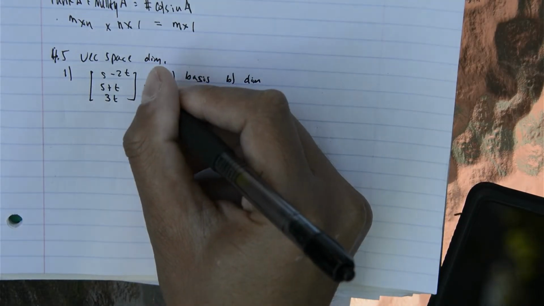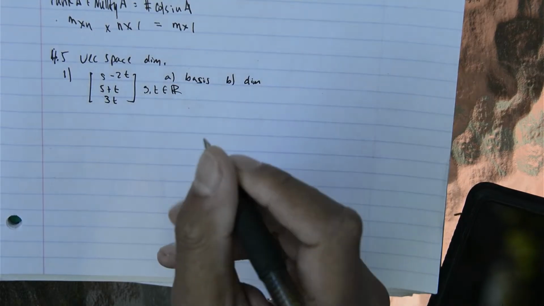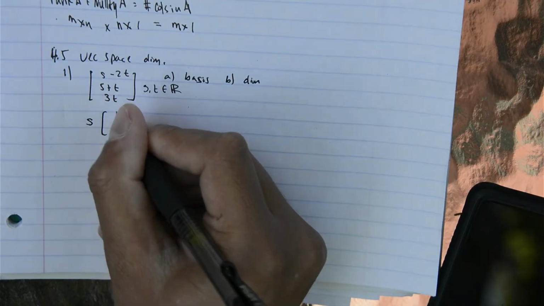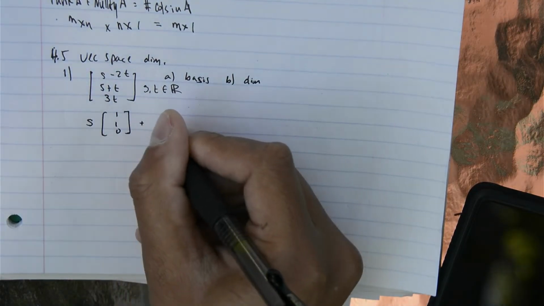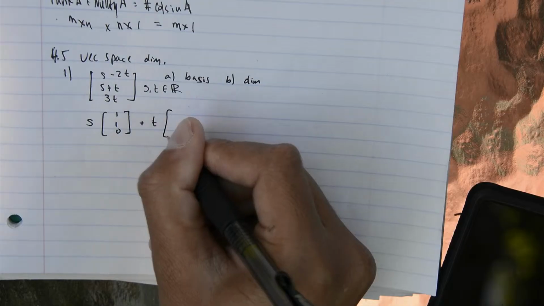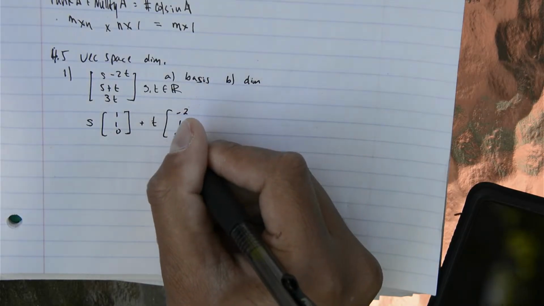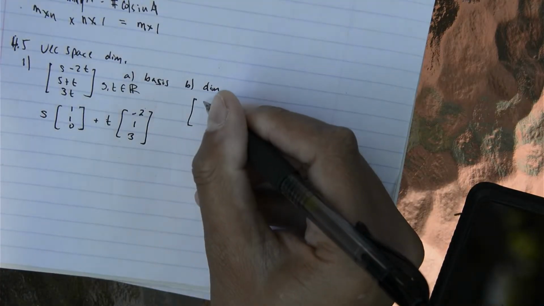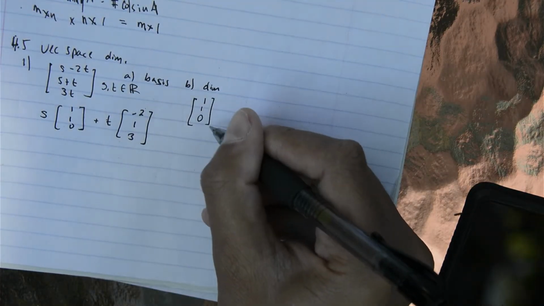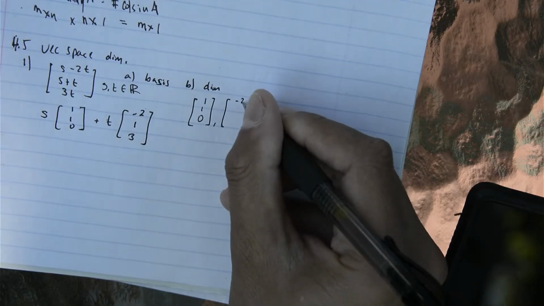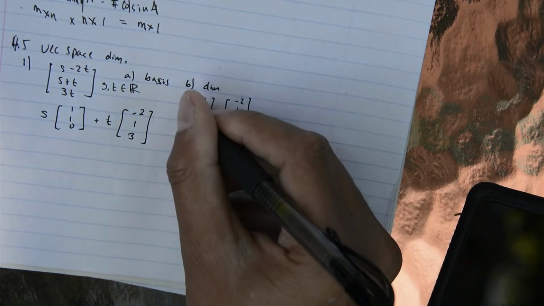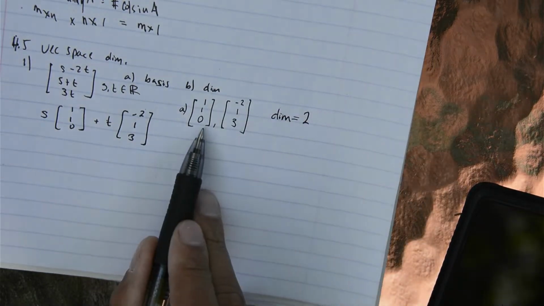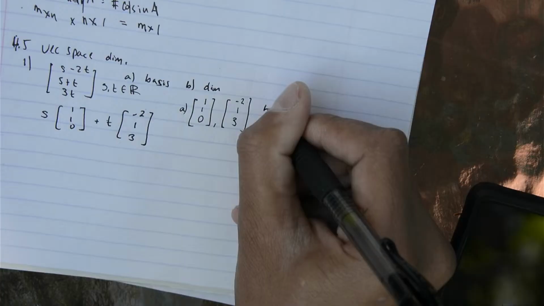So this is going to be s, t, and r. So we're going to get s times 1, 1, 0 plus t times minus 2, 1, 3. So a basis is literally going to be 1, 1, 0 and minus 2, 1, 3. So that's the basis. This is A. Then the dimension is 2. They're linearly independent because they're not multiples of each other.